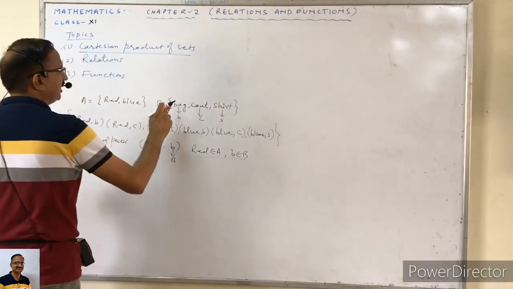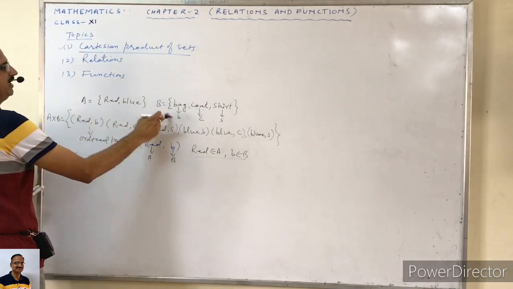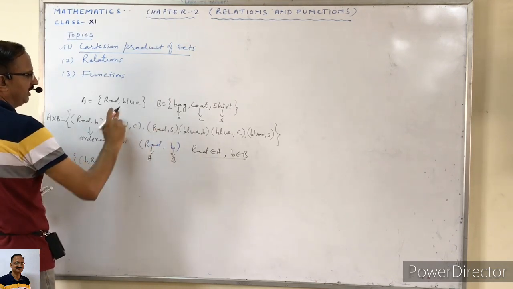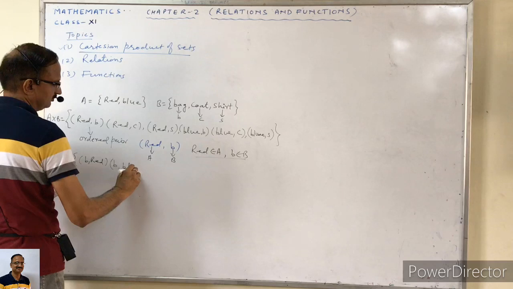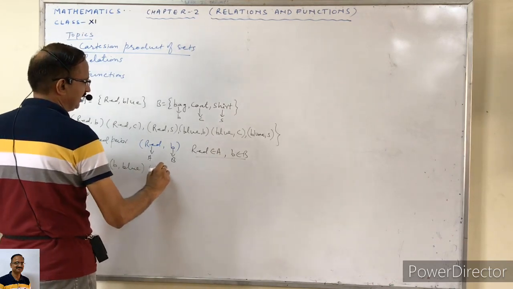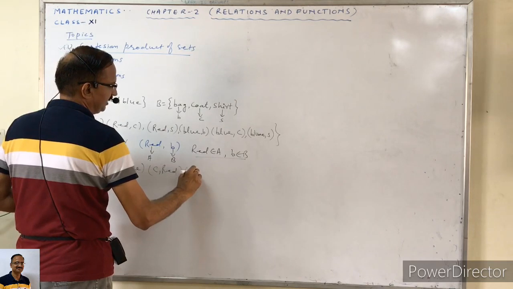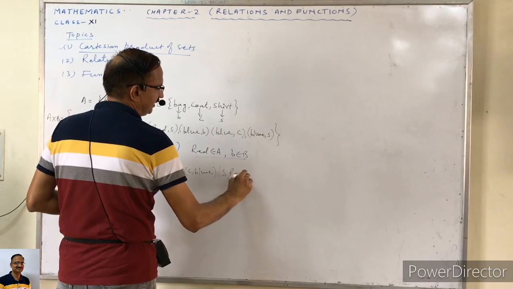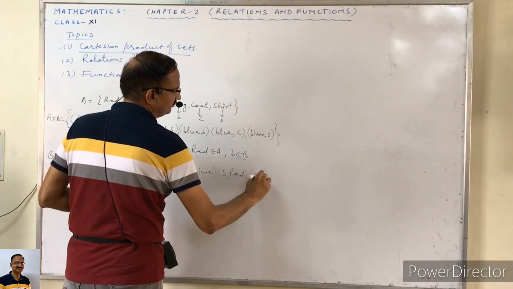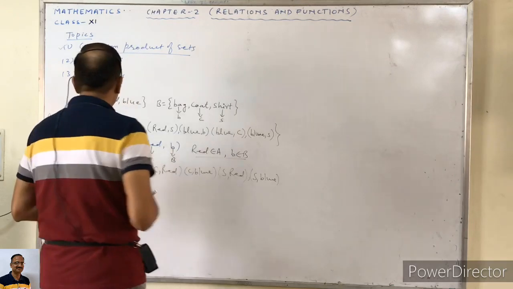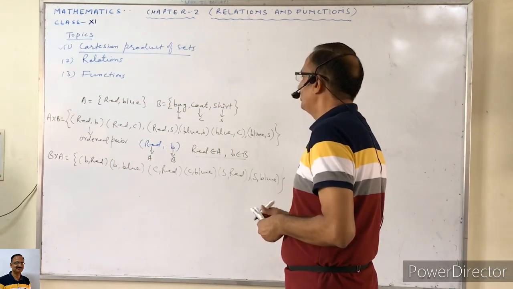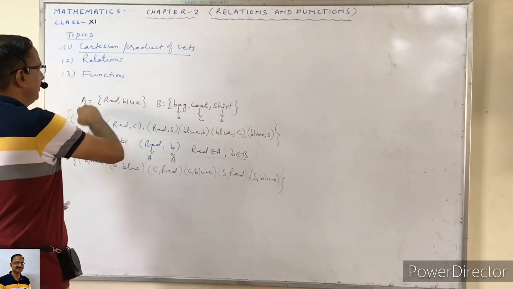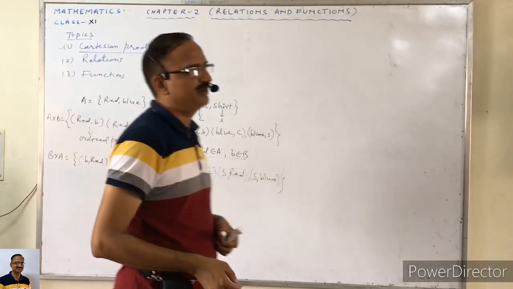So we will write B red, then B blue, then C red, then C blue, then S red, and then S blue. So from B to A, these are the possible combinations.